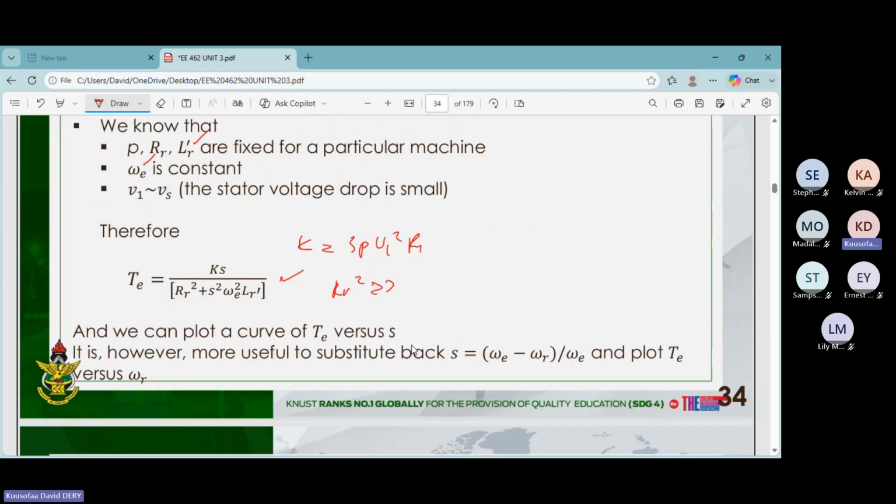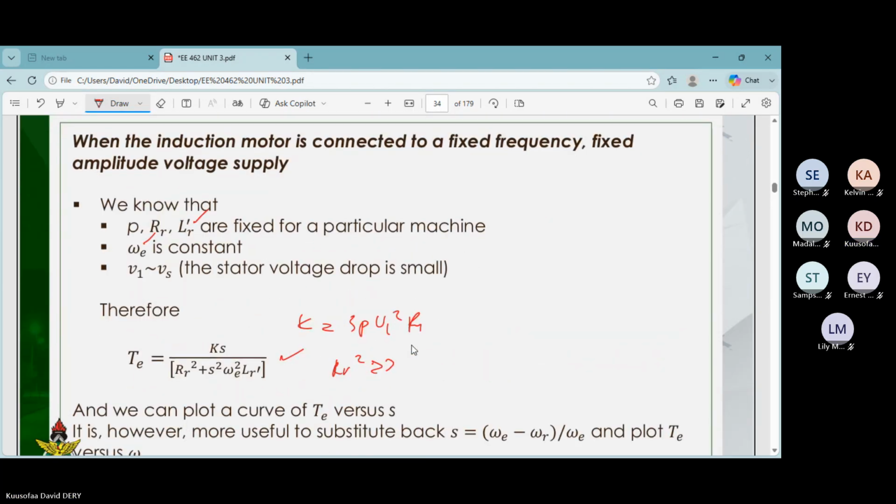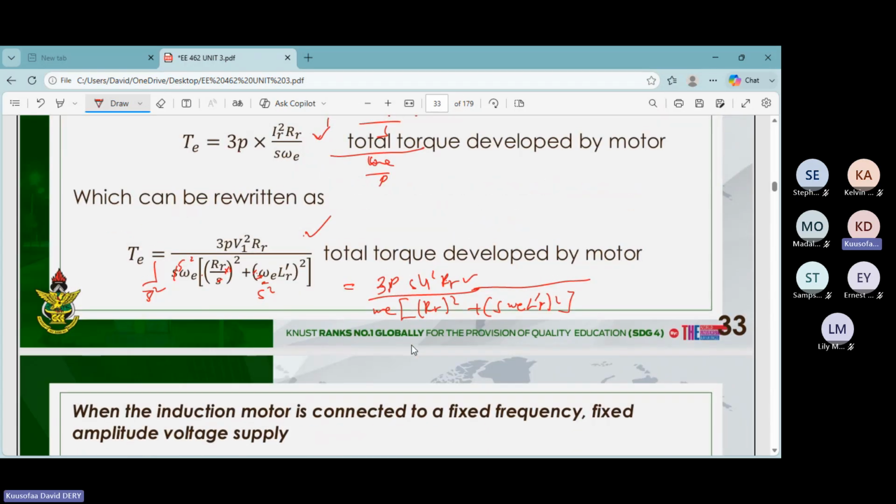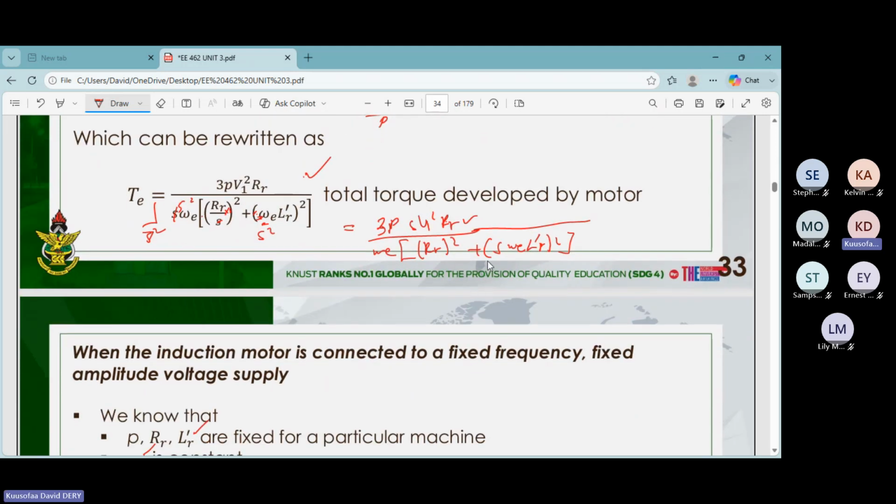So from here we can make the approximation that this is very small, so it goes to almost 0, and for the three-phase one, it will be 3p V1 squared R over omega_e R squared.